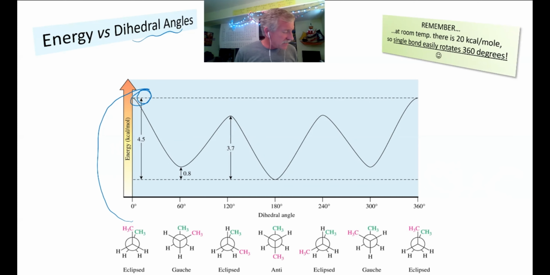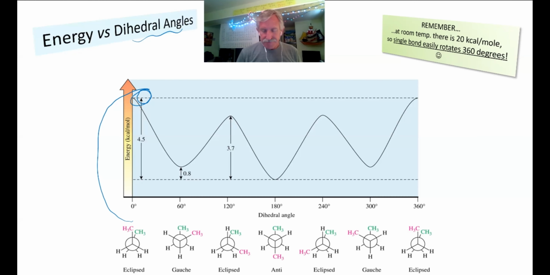And so in room temperature, we've got this conformation. This is also showing you that even the worst conformation is 4.5 kilocalories per mole worse than the anti. So even though we like to write our molecules as zigzags, this molecule is constantly rotating in and around and creating worst to best to worst to best, constantly moving around the single bonds at room temperature.